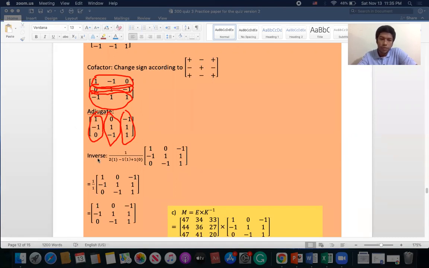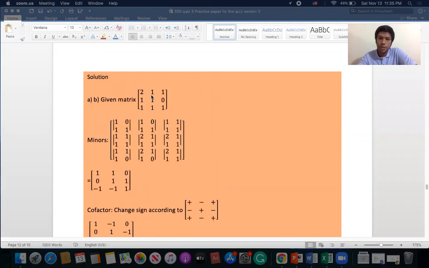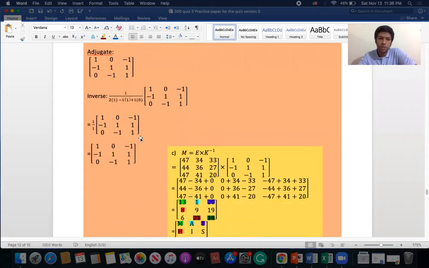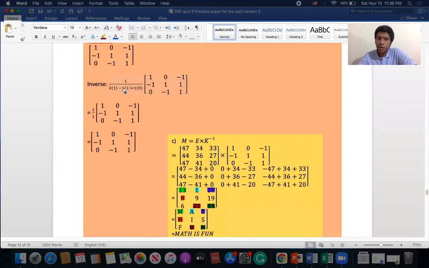From the adjugate, to find out the inverse, as usual, we first find the determinant of the given original matrix. So don't do it from here, we will have to do it from the original matrix. The original matrix is the one we started with, we will find the determinant from here. So it will be 2 into 1 minus 0, that means 2 into 1, then minus 1 into 1, then 1 into 0.